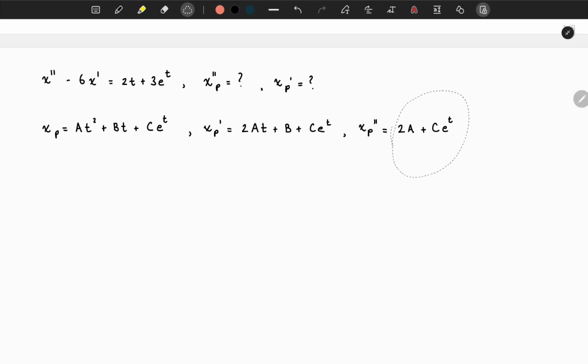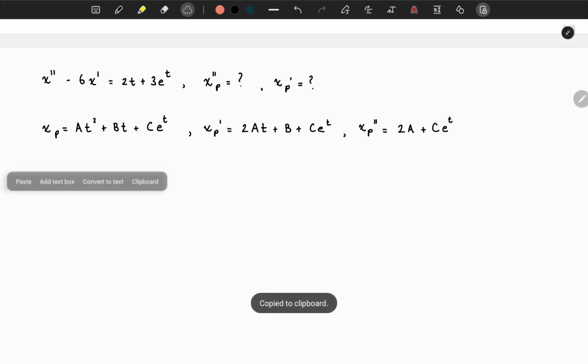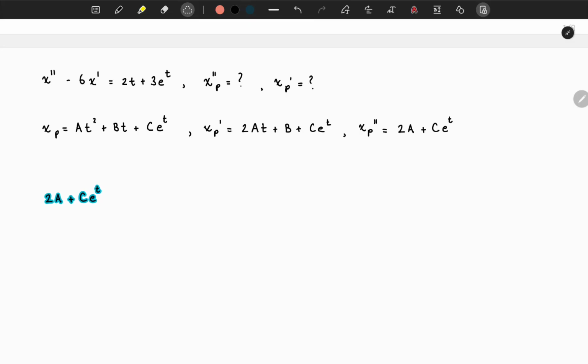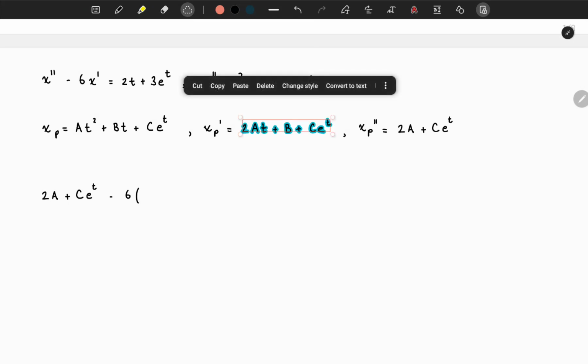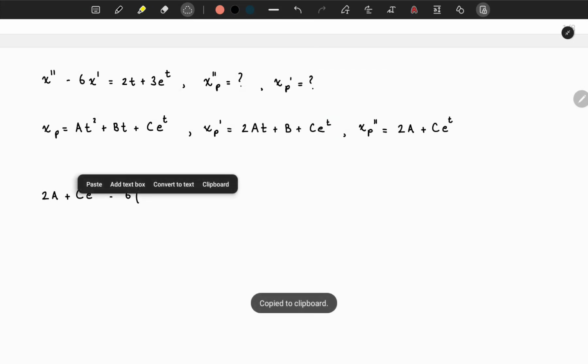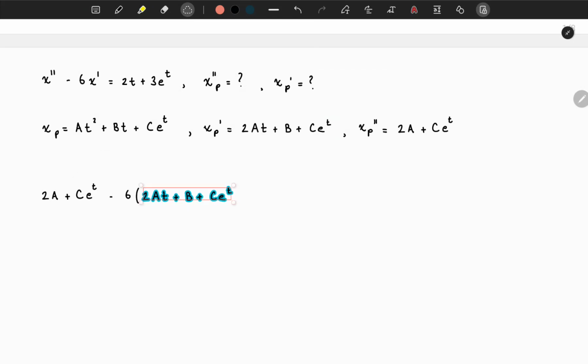So we have x double prime minus 6x prime, and this is equal to 2t plus 3e^t.